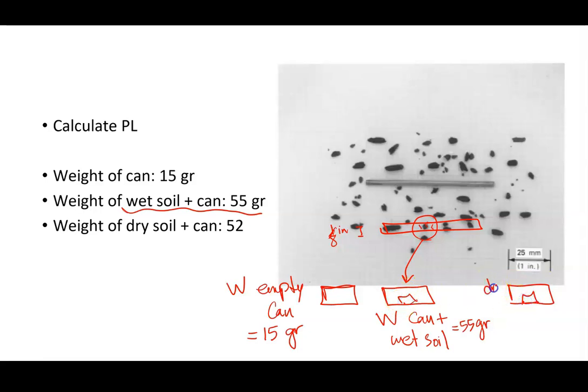Then we dry our sample, and then we have the weight of can plus dry sample, which is 52 grams.